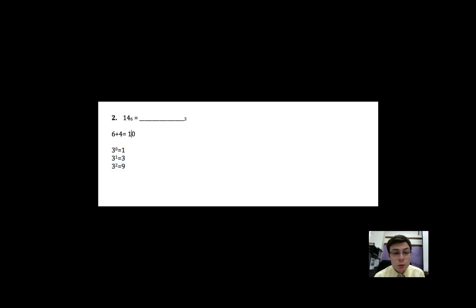So we need 3 lines. Let's break this up: 1, 2, and 3. In the space furthest to the left, we want to put how many times 3 to the second power, or 9, goes into 10. And that goes in once, so we'll put a 1 here.